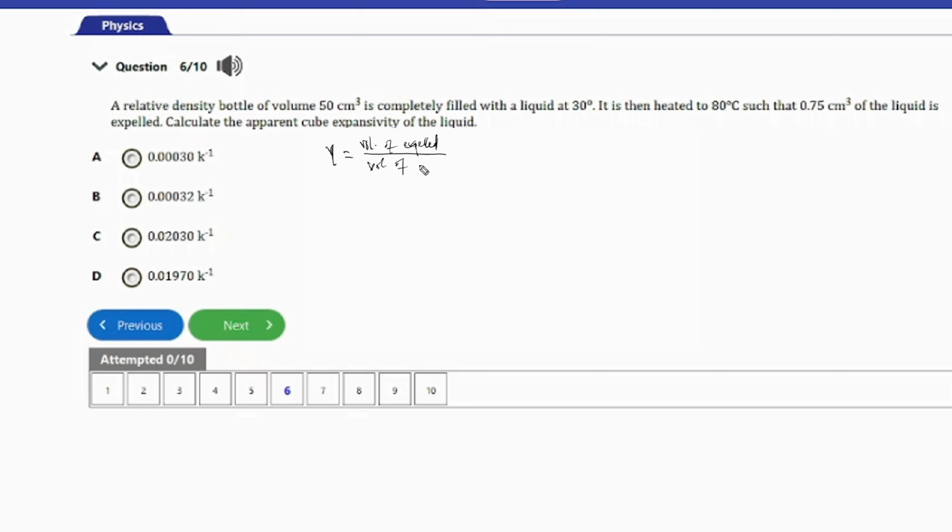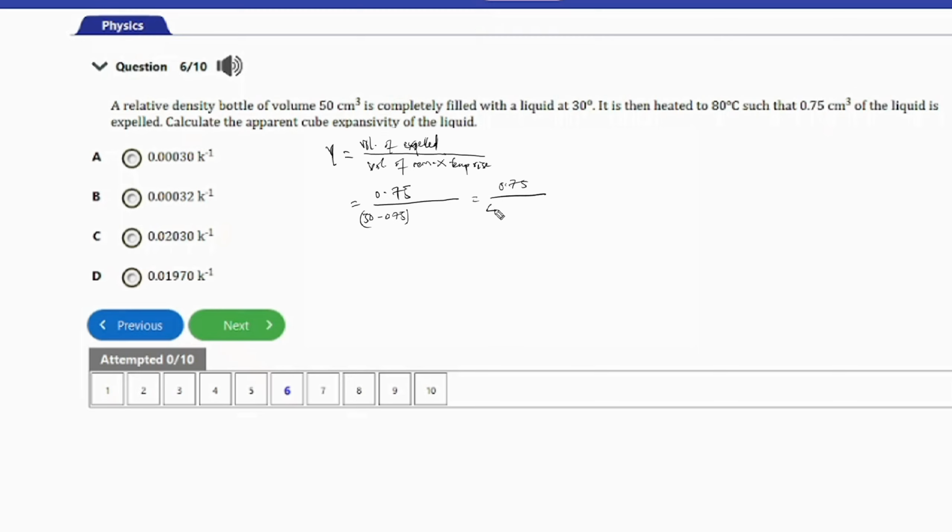So here we're going to have the volume of expelled liquid to be 0.75 cm³, and then the volume of the remaining liquid will now be the total volume minus this 0.75. So that's 50 minus 0.75, so that will be 42.5.